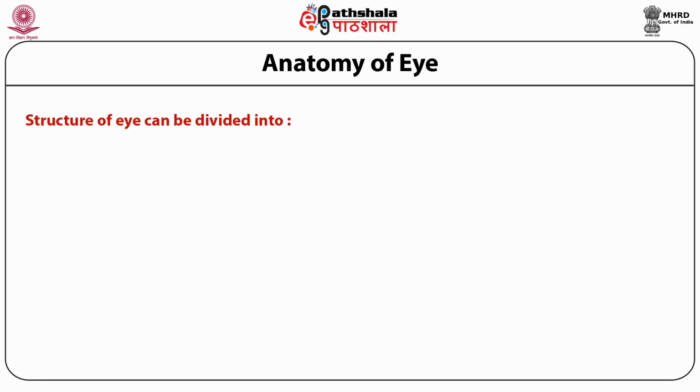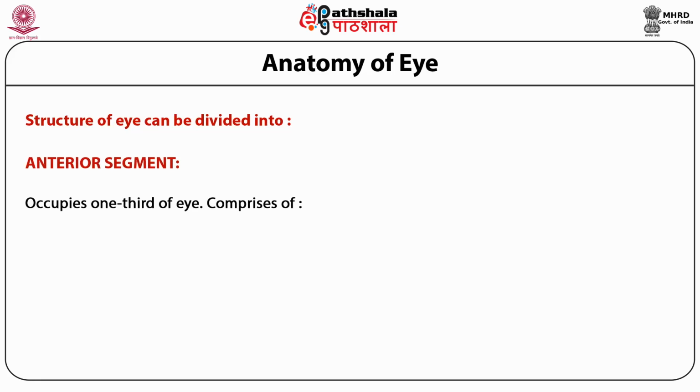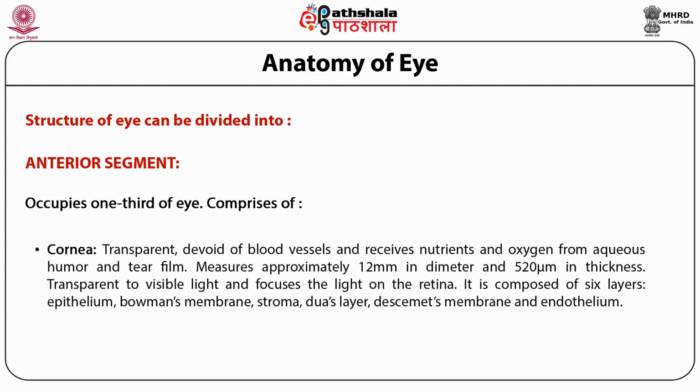The structure of an eye can be divided into anterior segment and posterior segment. Anterior segment primarily occupies around 1/3 of the eye and it comprises of the cornea. The cornea is transparent collagenous structure. It is devoid of blood vessels and receives nutrients and oxygen from aqueous humor and tear film.